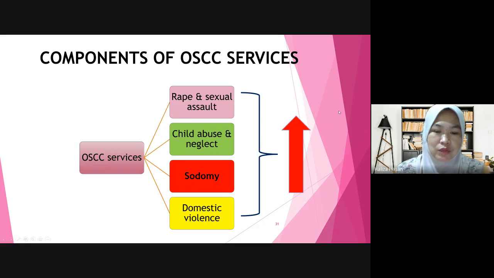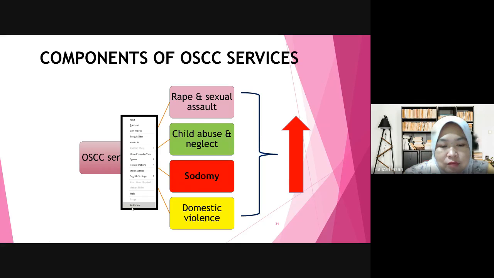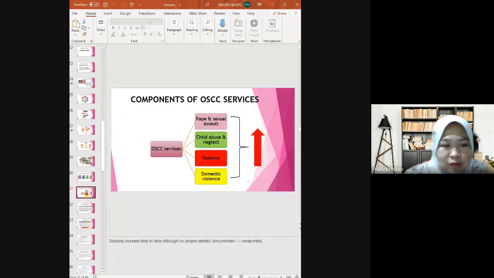But why do I highlight sodomy in red color? Why did I highlight the sodomy point in red color?